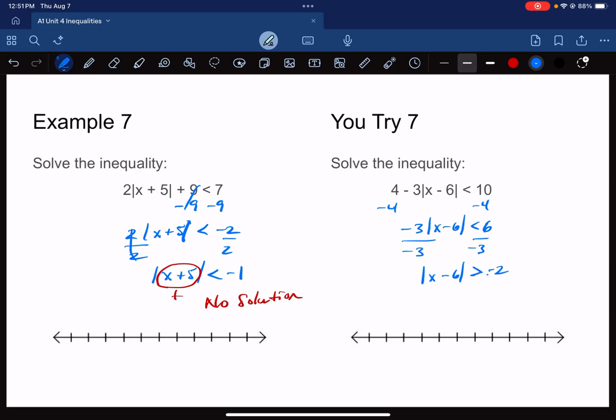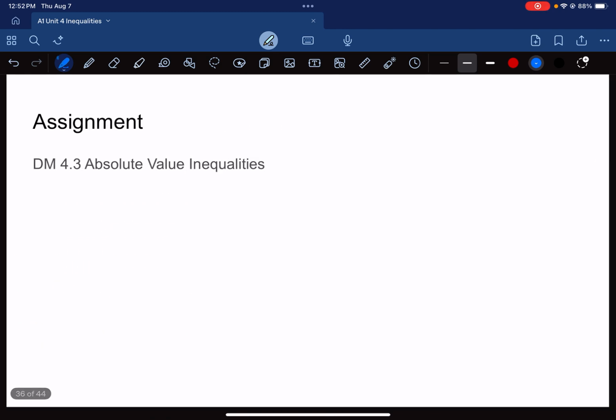And now here's a -2, and this is positive. So what works? All real numbers work. So we could just write the symbol for the real numbers there. So what would you do? Well, you just shade the entire line. Okay. All right. I think you're ready to try some on your own.